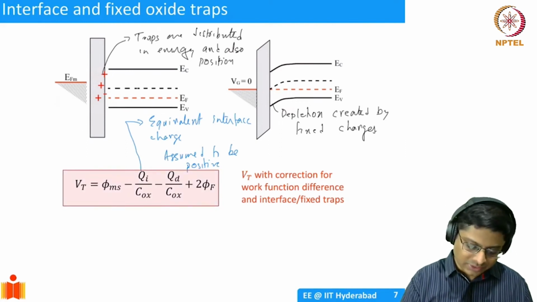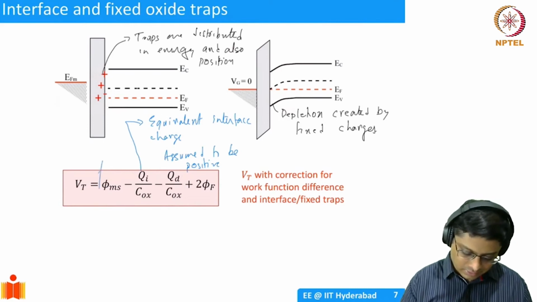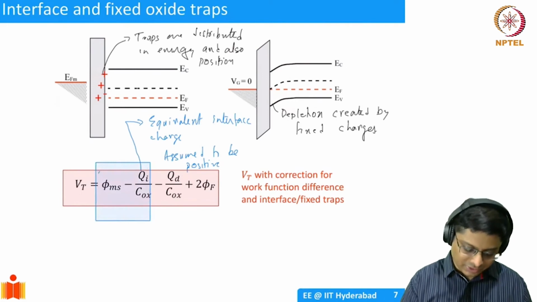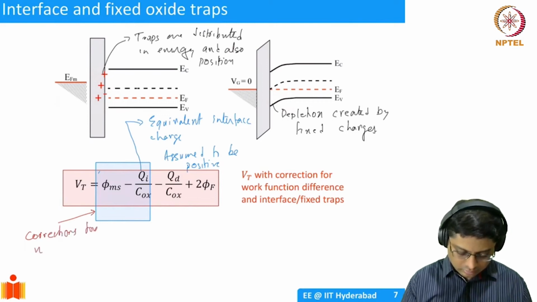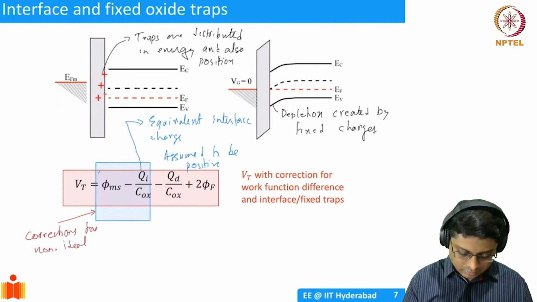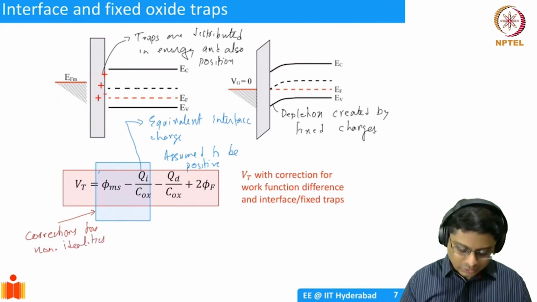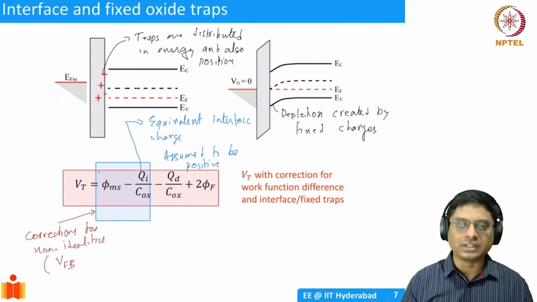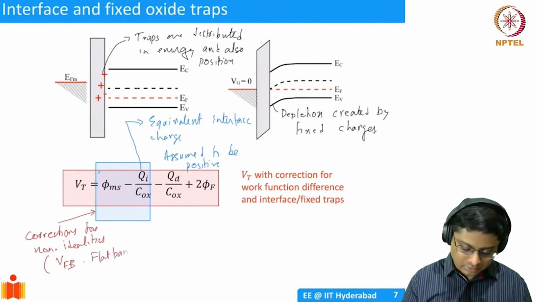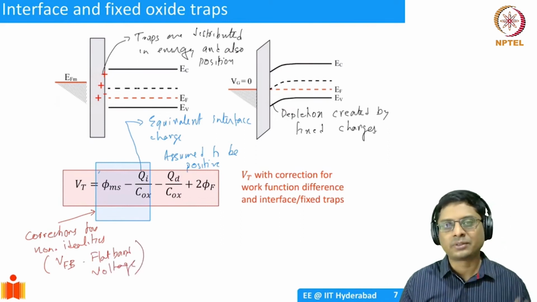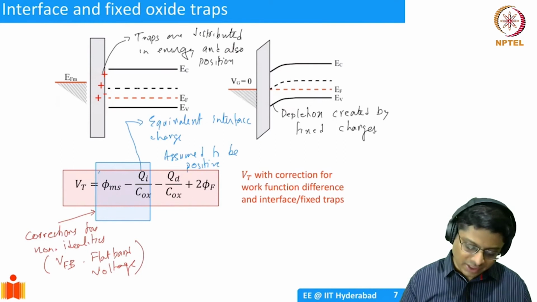So this set here is basically corrections for the non-idealities. This is also sometimes called VFB, the flat band voltage. If you apply this to the gate, then your bands will be flat. And the rest of it is the ideal MOS cap.